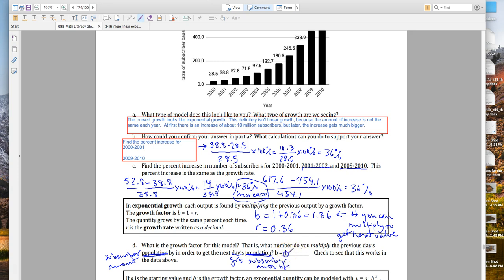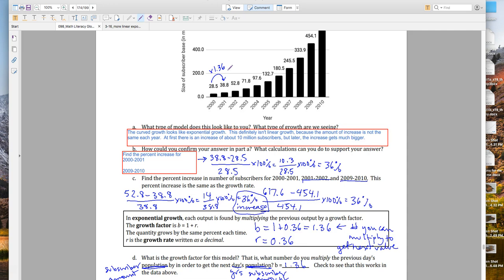Okay, so we already figured out that B is 1.36, and then we're going to try that on the data. So this means that you would take 28 and multiply by 1.36. And that should get us to the next value. Try that, 28.5 times 1.36. Well, that would round off to 38.8.